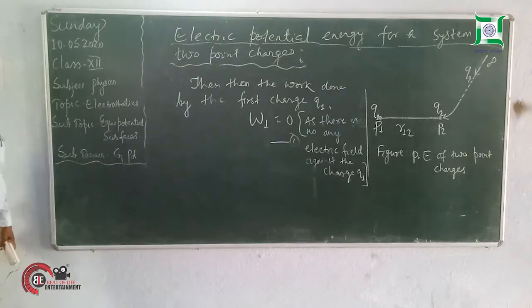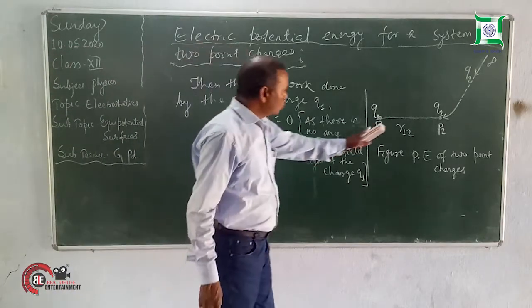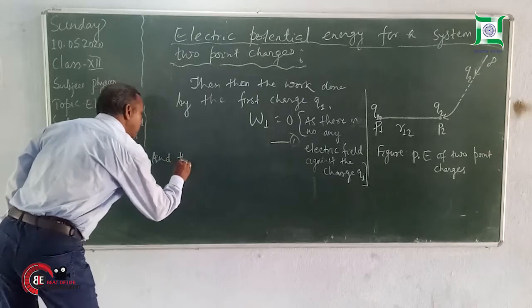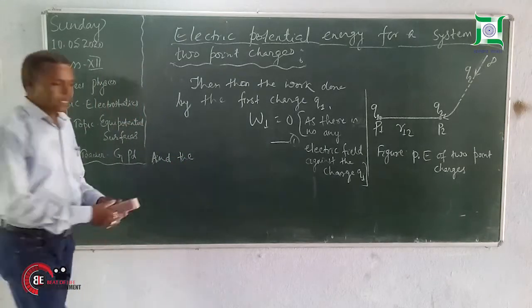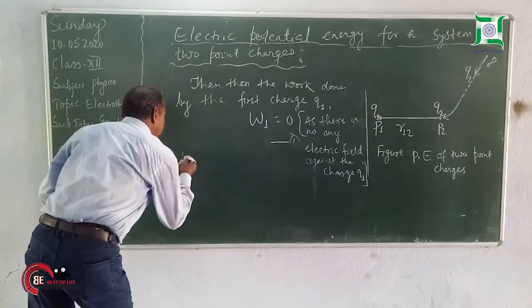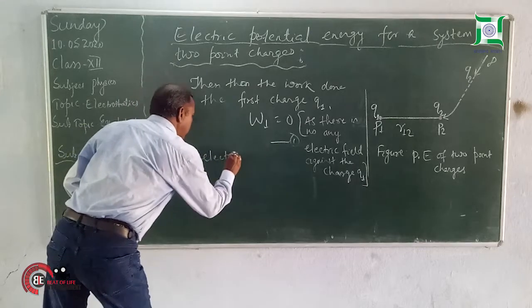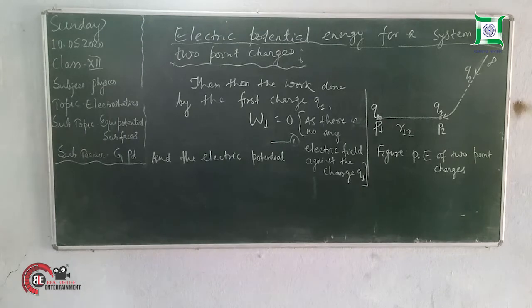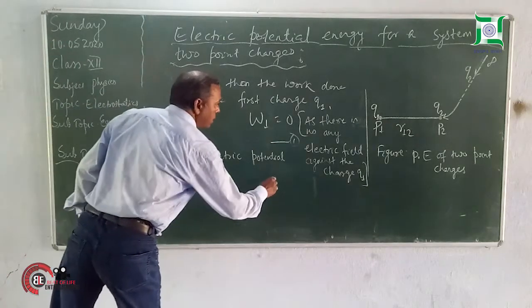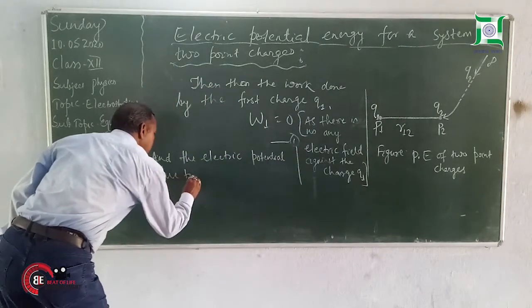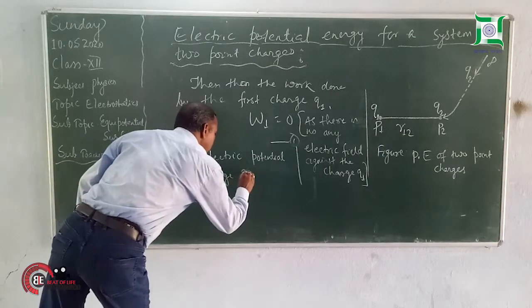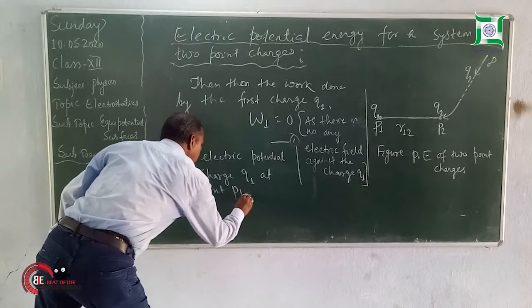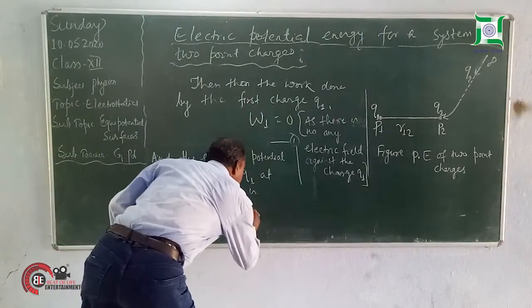Next we find the electric potential due to this charge Q1 at the point P1, we write V1.